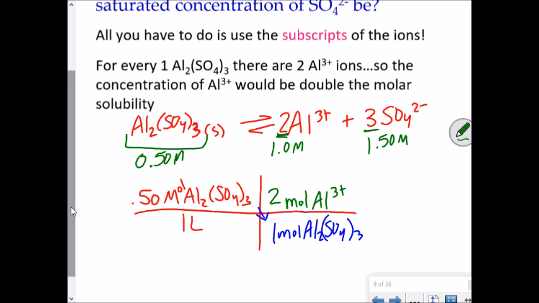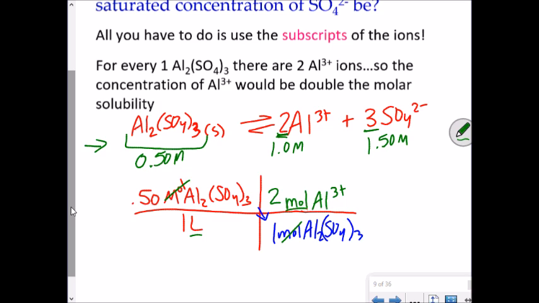So if you really wanted to set it up with a track, you could do it that way. This would cancel, but you still end up with moles over liters, so you still end up with a concentration. If you need to visualize it this way, that's fine. You're welcome to do it that way. This is faster though. And remember, on the AP exam you want to speed up your skills because time is of the essence.